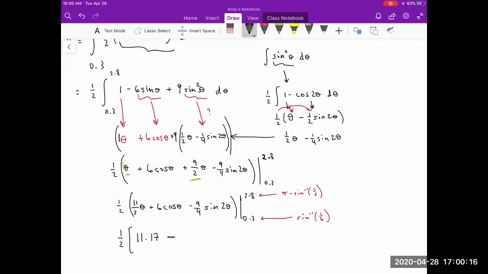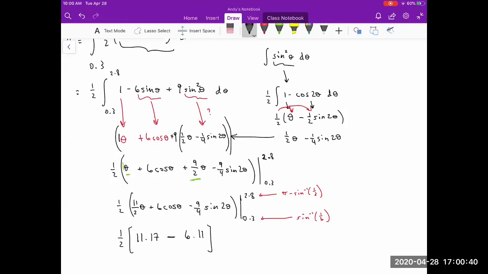For the second value, plugging in 0.3, 11 over 2 times 0.3 plus 6 cosine of 0.3, close parentheses, minus 9 over 4 times sine of 2 times 0.3. So I'm getting 6.11 after rounding here.